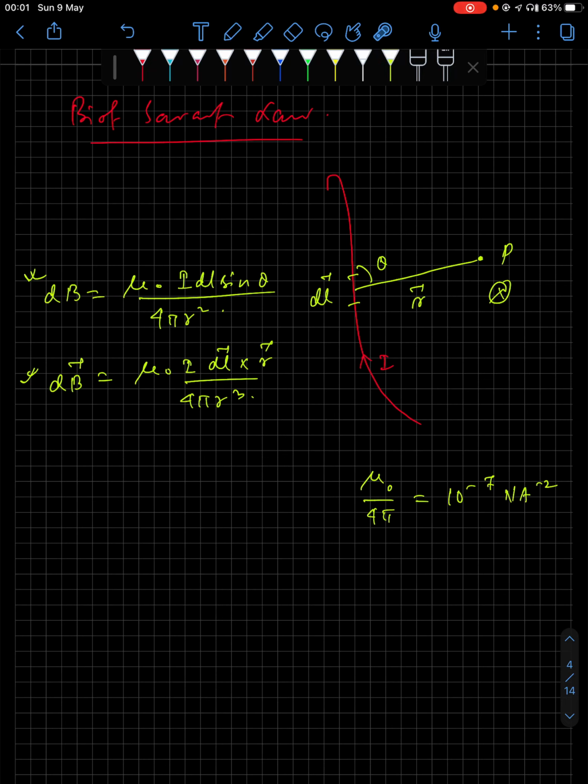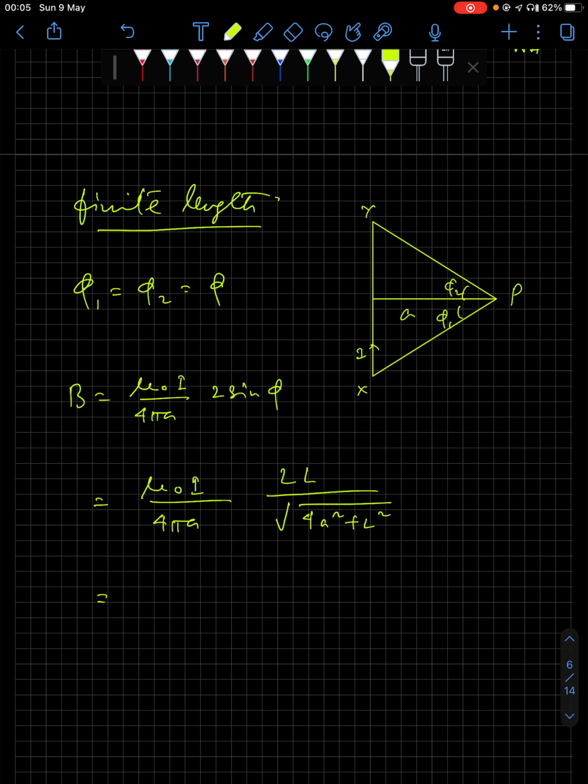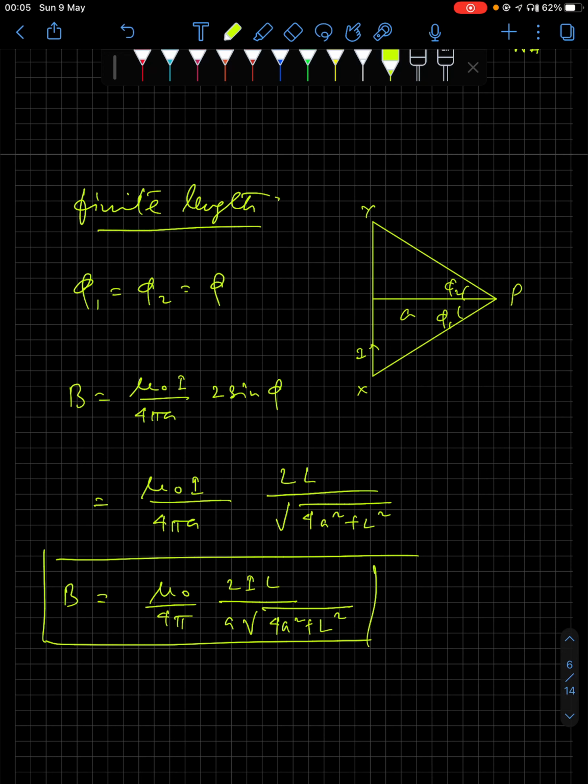So your relation finally you will get mu naught I by 4 pi A, 2L divided by square root of 4A square plus L square, and the final relation is mu naught by 4 pi, 2IL divided by A square root of 4A square plus L square. So this is the relation for the magnetic field at point P due to a wire of finite length.